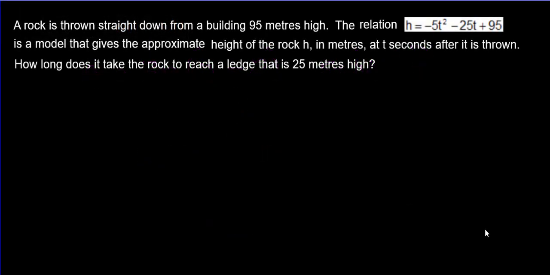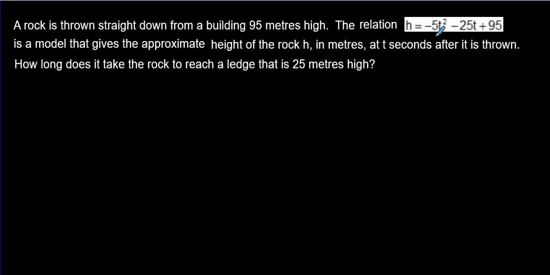Okay, so here we have a question that's a word problem. It's a real-life question, and that's where parabolas really take off. They're used a lot in real life, and I guess I don't need to keep telling you about that. You've seen the other videos. Okay, here's the situation. A rock is thrown straight down from a building that is 95 meters high. And here's the relation.